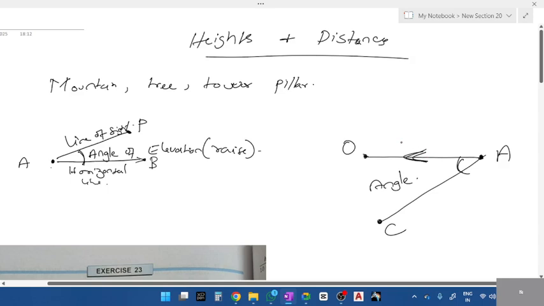When you're looking at a straight position, that is the horizontal line. And you have to view the object C, so it is below the horizontal line. Whichever is above the horizontal line, you have to raise your head and look at the object. That is known as elevation. You have to elevate. So above, positive sign, and below the horizontal line, when you're looking down, we call it angle of depression.